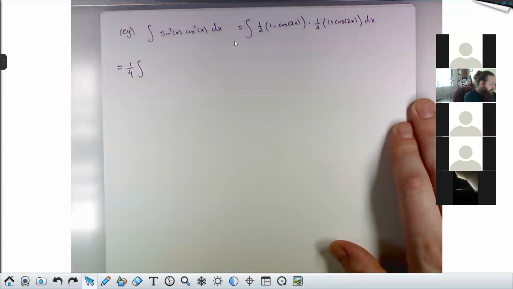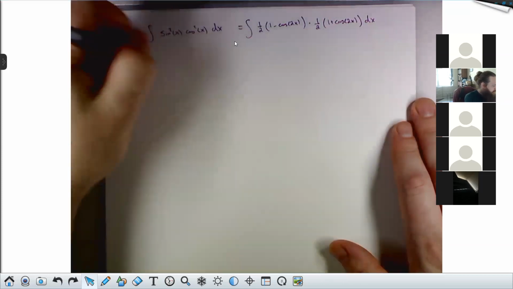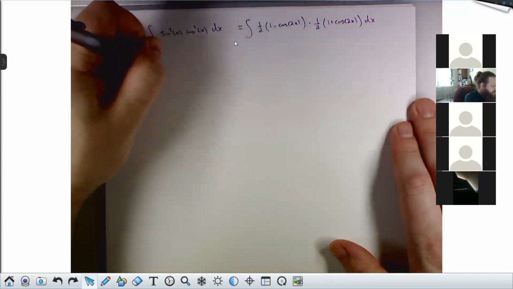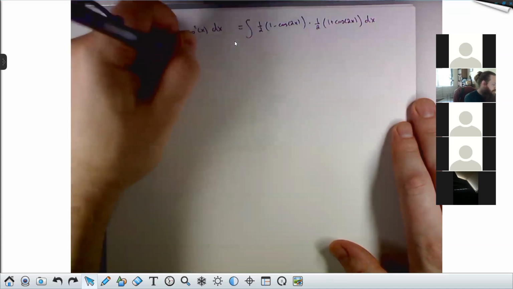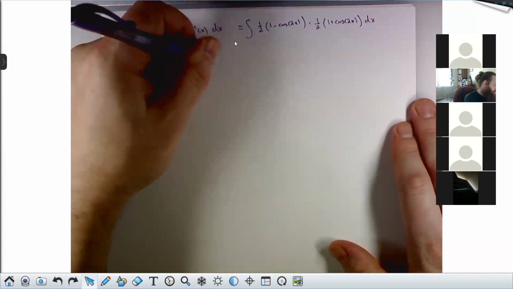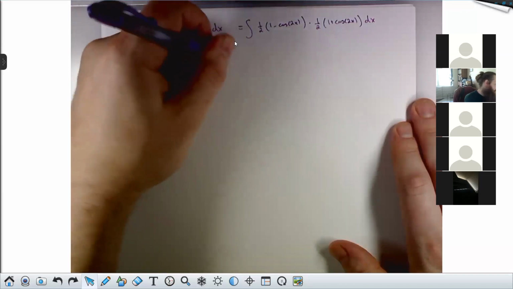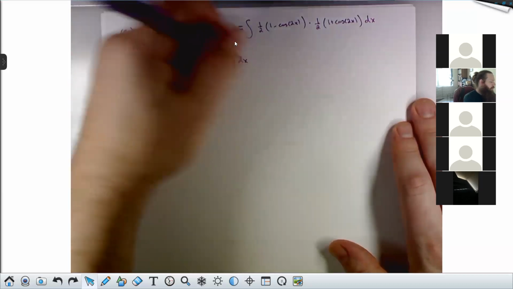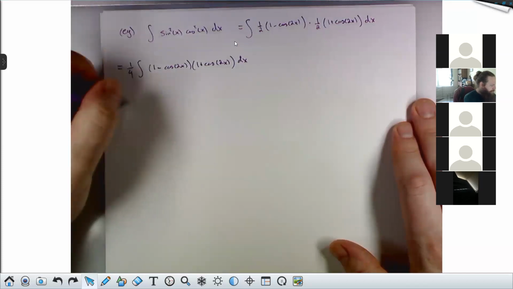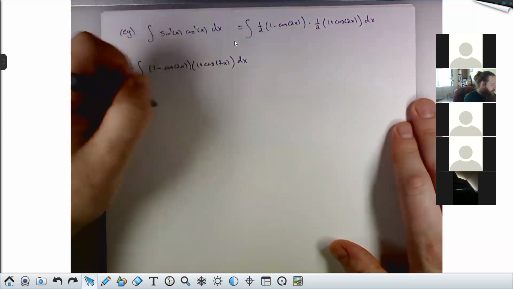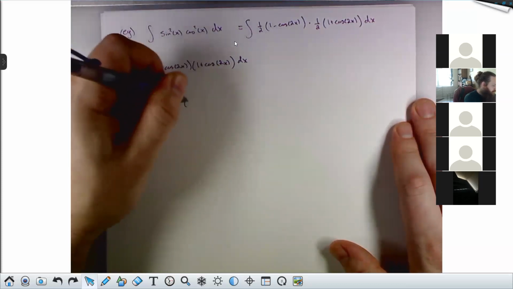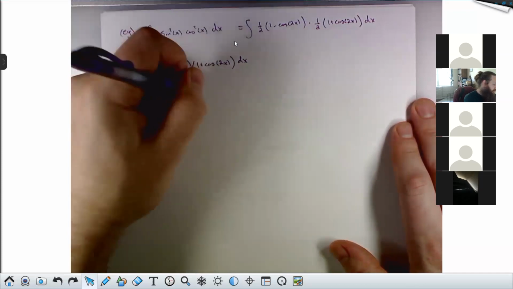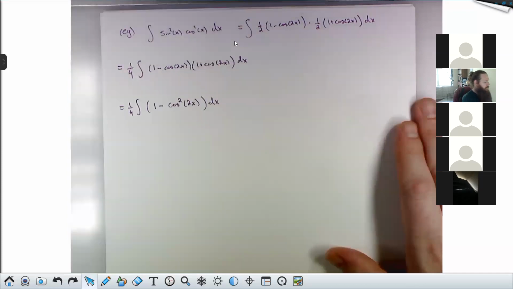And then what's left inside is 1 minus cos 2x times 1 plus cos 2x. And we'll distribute, FOIL. And you get 1 minus cos squared of 2x dx.